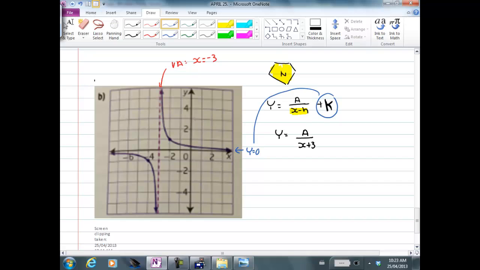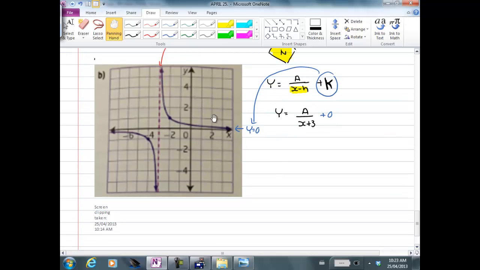Now, here comes the fun part. You don't have to write plus 0. A lot of you are stuck on a because I said I need an a value. And I give you hints. In order for you to get to a, if I give you x and y, you can get a. So there's a reason why they give you these 2 points. You use any one of these points you like and you plug it in right now.